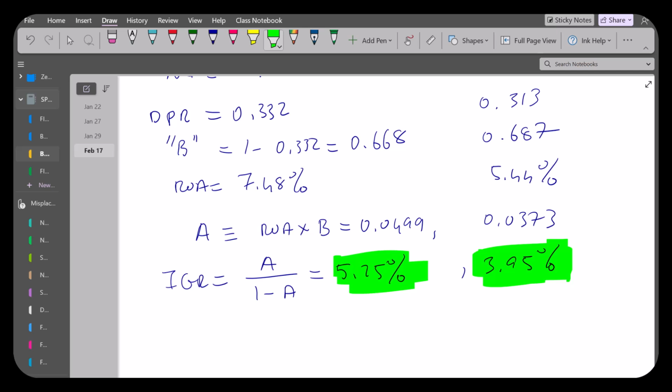Here's a hypothetical scenario. A company decides that they're going to distribute all of their income as dividends every year. So I made $100 million this year. My shareholders are going to get $100 million. What do you think the internal rate of growth will be?